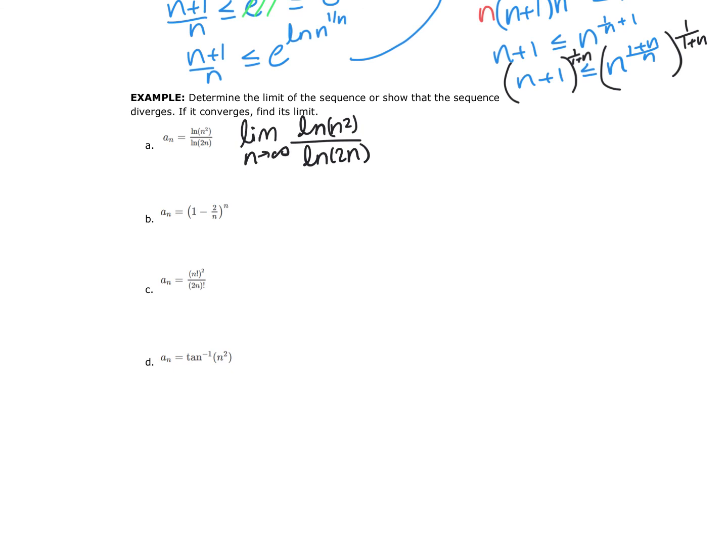So we look at our limit here, and this is one where we can do L'Hopital's right out of the gate because I have it of the form infinity over infinity. The limit as n approaches infinity of 1 over n squared multiplied by 2n, and then 1 over 2n multiplied by 2.